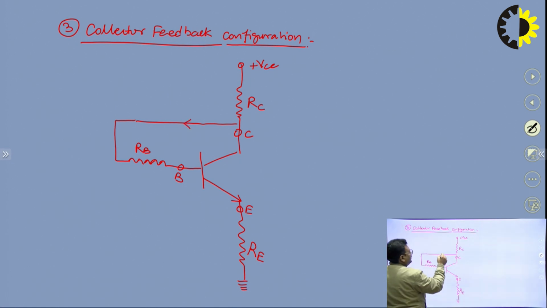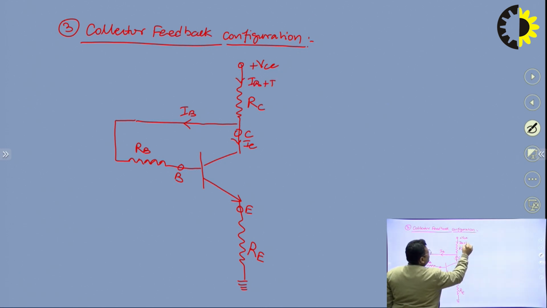Again here IB current is flowing, here IC current is flowing, and from here IB plus IC current is flowing, okay.